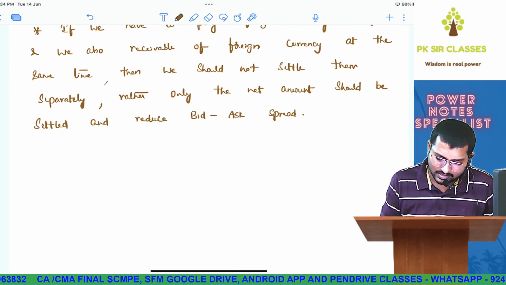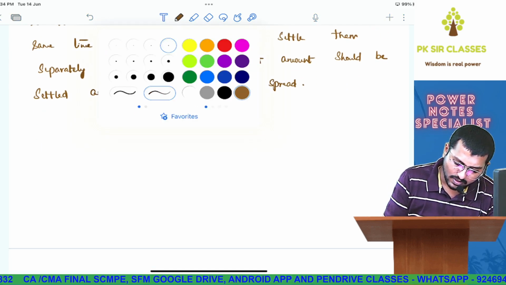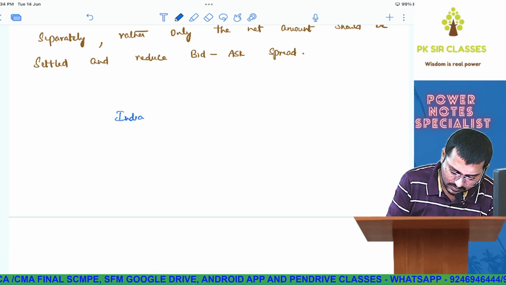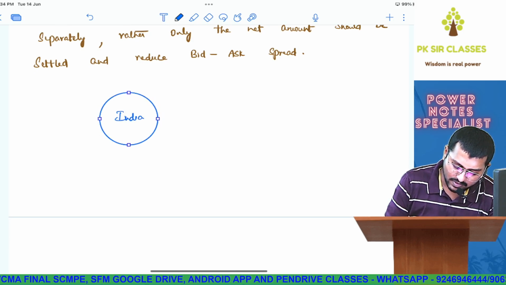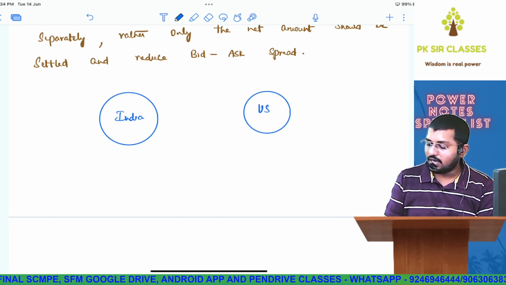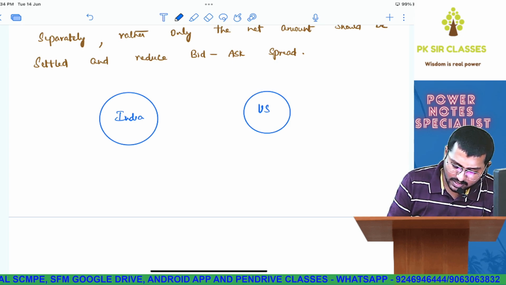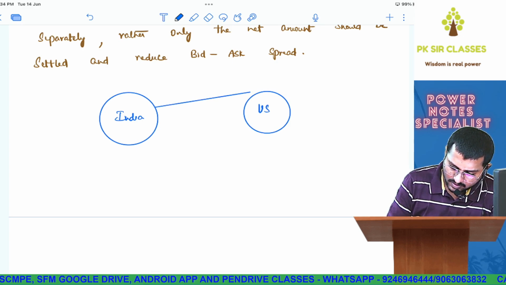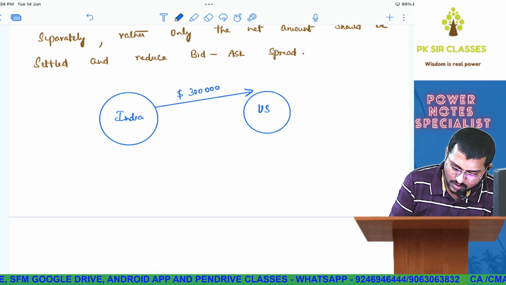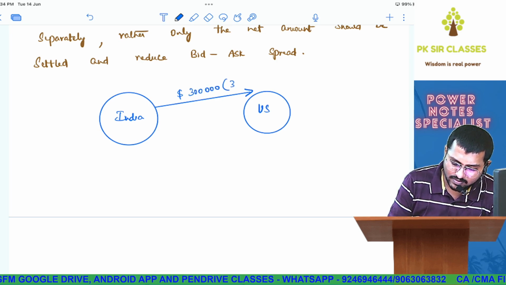All right. We'll have an example. See here. Okay, from India, let's say we have to make a payment of $300,000. The time limit is the same, 3 months.